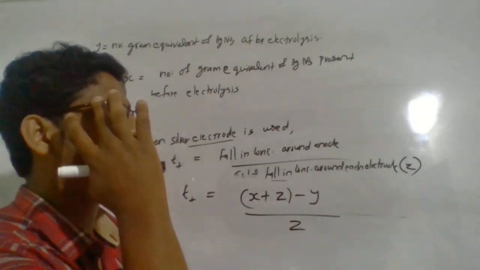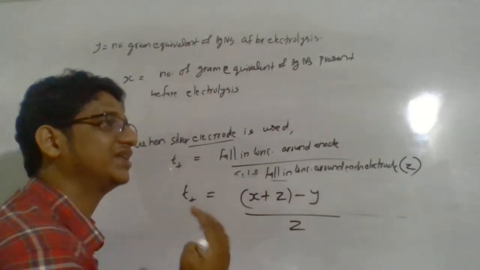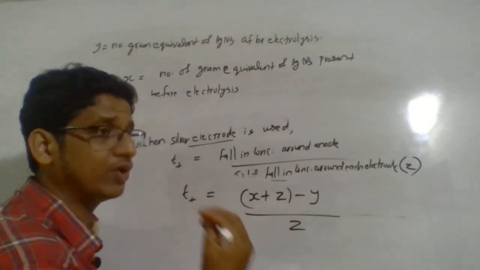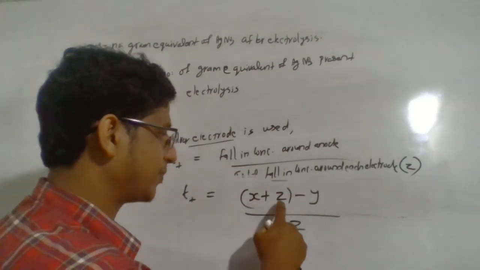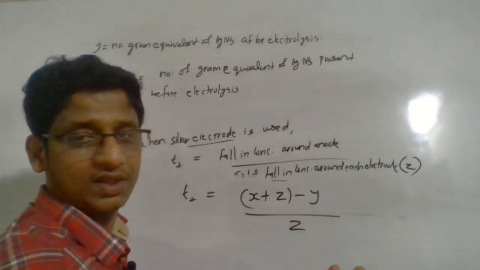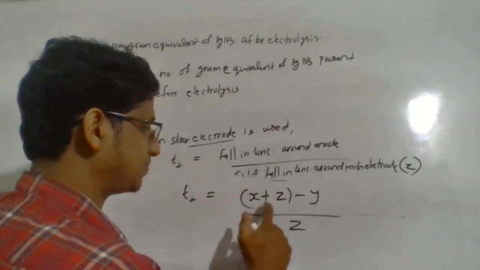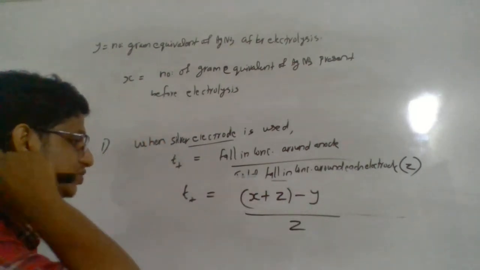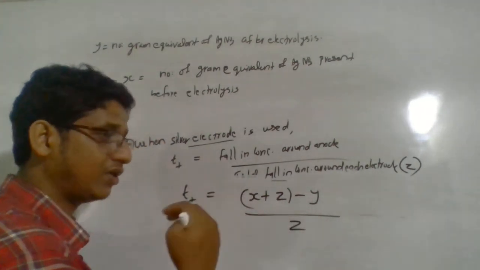You can understand that from this value of Z, because an equivalent amount of substance will be produced at the cathode as well.